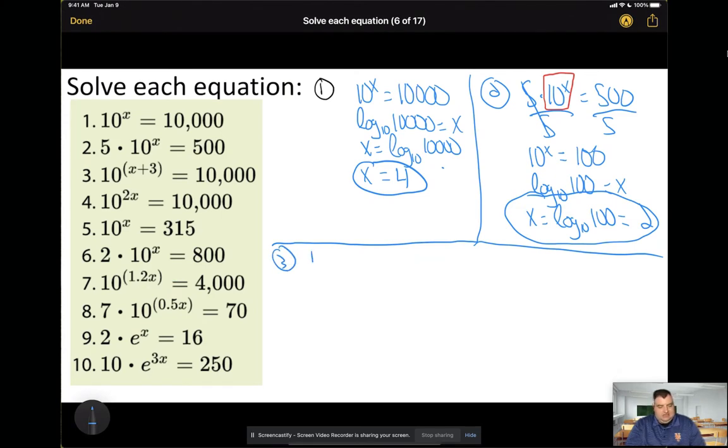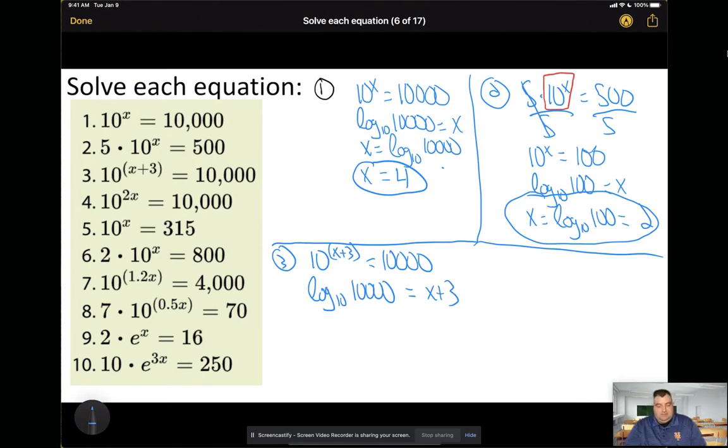Number 3, we have 10 to the power of x plus 3 equals 10,000. My term with the exponent is already isolated, so I can rewrite it in log form. This is going to be a little different because in log form, this is going to be log base 10 of 10,000 equals, my exponent is x plus 3.